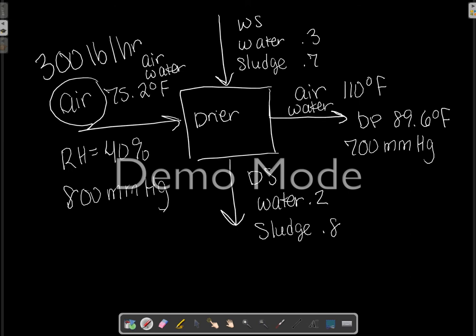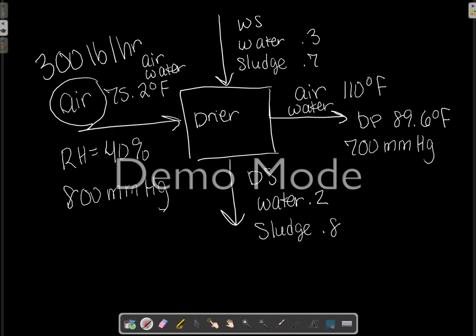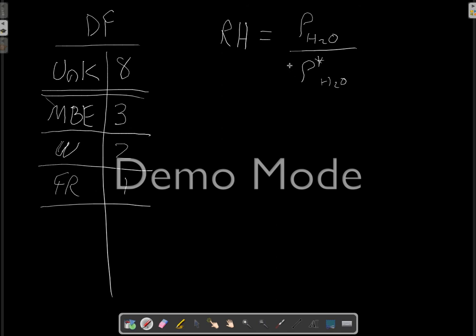So let's think about how we use relative humidity. Your relative humidity for anything is equal to your partial pressure of H2O over your vapor pressure of H2O at whatever temperature you're looking at. So given the relative humidity, if we have the current pressure or the current temperature, one or the other, we are able to find this P star.